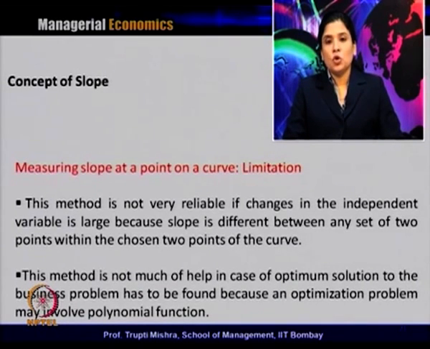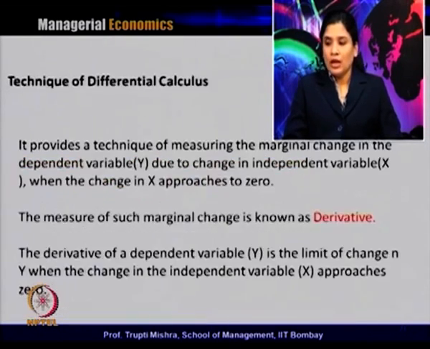Measuring slope for linear and nonlinear functions is possible, but for polynomials it is difficult to use the same method. Sometimes the difference between two variables is so large that it is difficult to do an analysis by measuring the slope in this way.